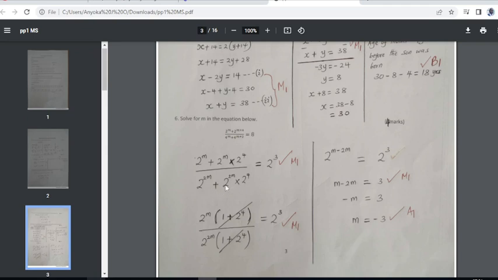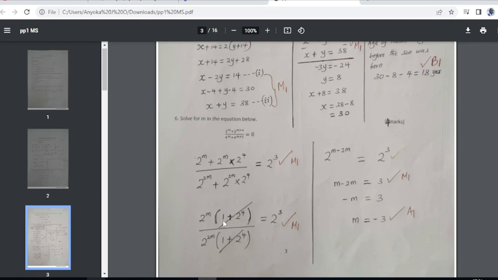Let's factor out what is common on the numerator. 2 to power m, we remain with 1. We have taken out 2 to power m, so we remain with 2 to power 4. Over, we have taken out 2 to power 2m, and what remains is 1 plus 2 to power 4.